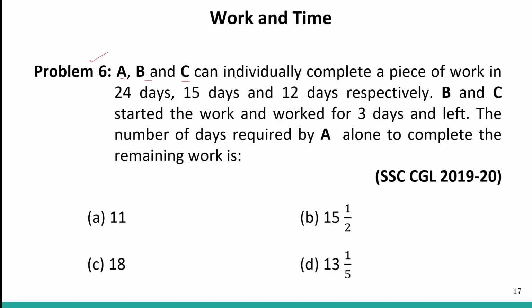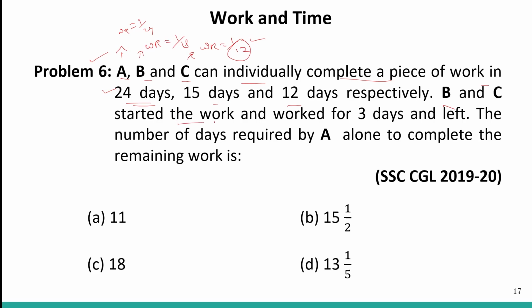A, B and C can individually complete a piece of work in 24 days, 15 days and 12 days respectively. So A's work rate WR is equal to 1 by 24, WR for B is equal to 1 by 15 and WR for C is equal to 1 by 12, right?